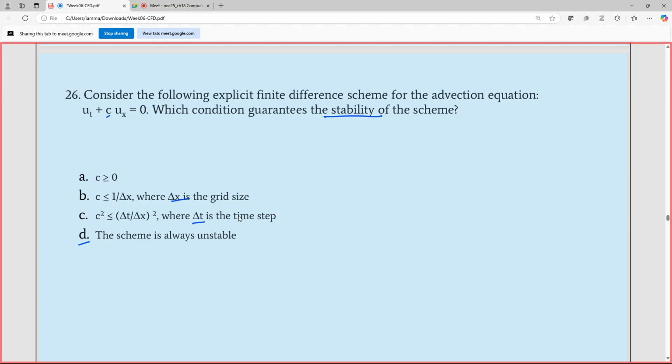So the question is asking for the condition that will guarantee the stability of the scheme.